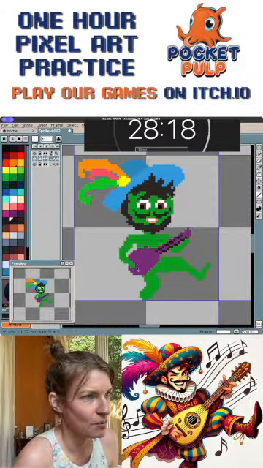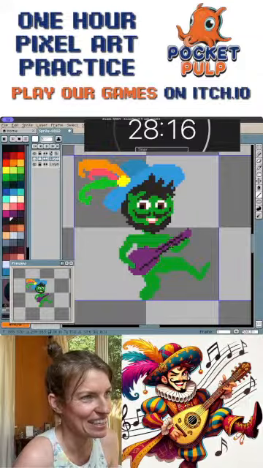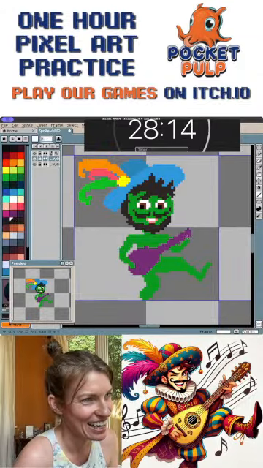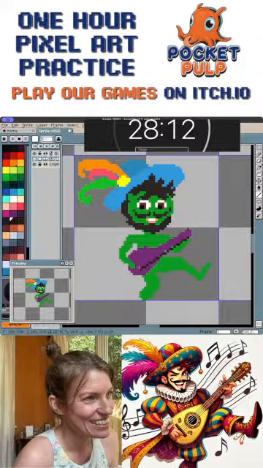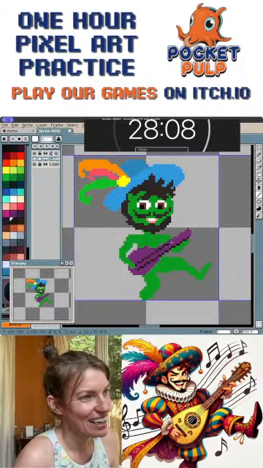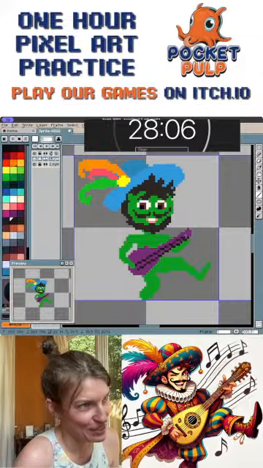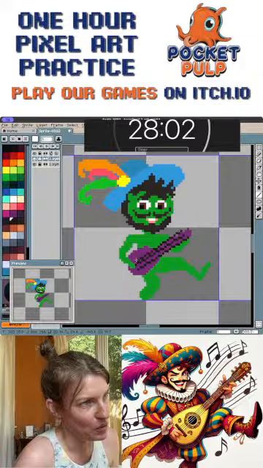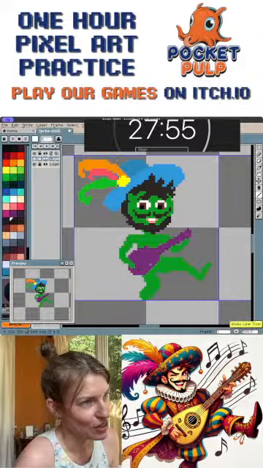I know, right? This is going to be an interesting one by the time it's done. I think he's only going to have two strings because I don't think I can make three strings look good.